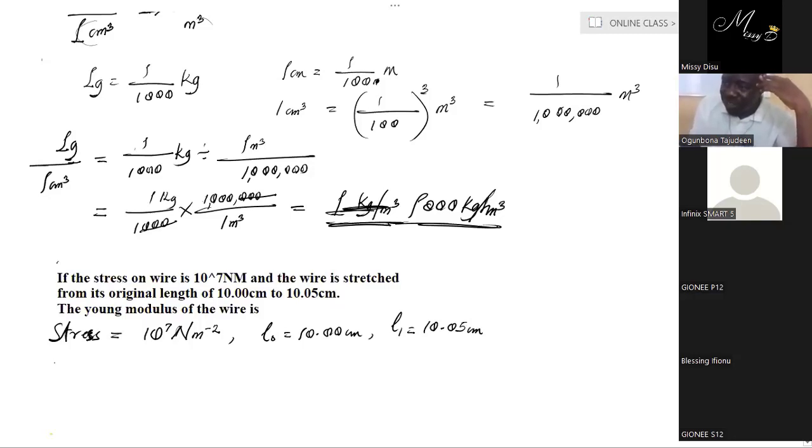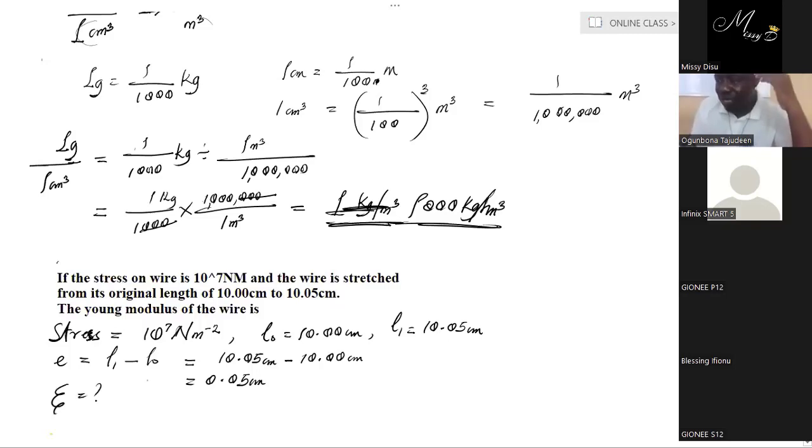The extension is actually new length minus original length, which is equal to 10.05 centimeter minus 10.00 centimeter, which is 0.05 centimeter. We have to calculate the Young modulus. Young modulus unknown.